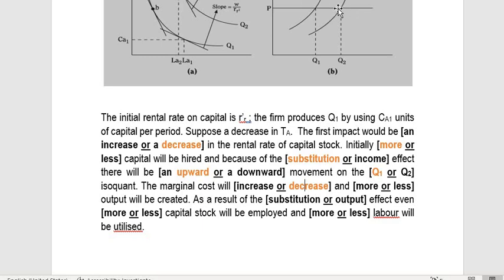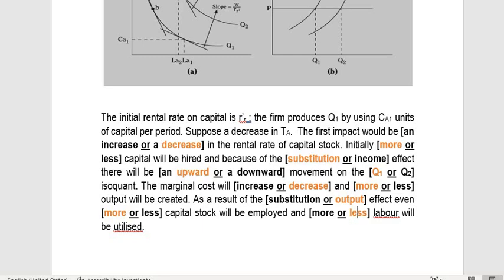Because of this decrease in marginal cost, you can produce more. And as a result of the output effect, you will have even more capital being used in the production processes and less labor, right?